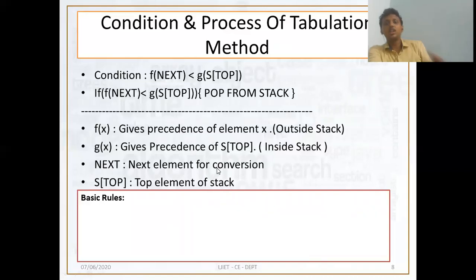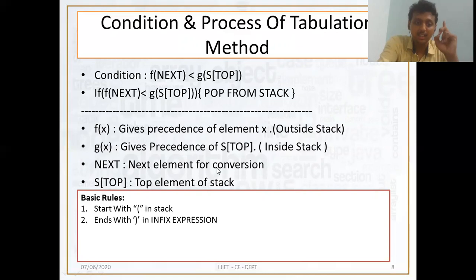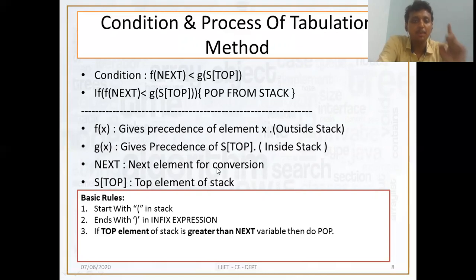So here in infix to postfix, I'm repeating this statement. In infix to postfix, we need to start with an opening bracket. Is that clear? Second step, our string will be appended with a closing bracket. The third step, if the top element of the stack is greater than next, then do pop operation.